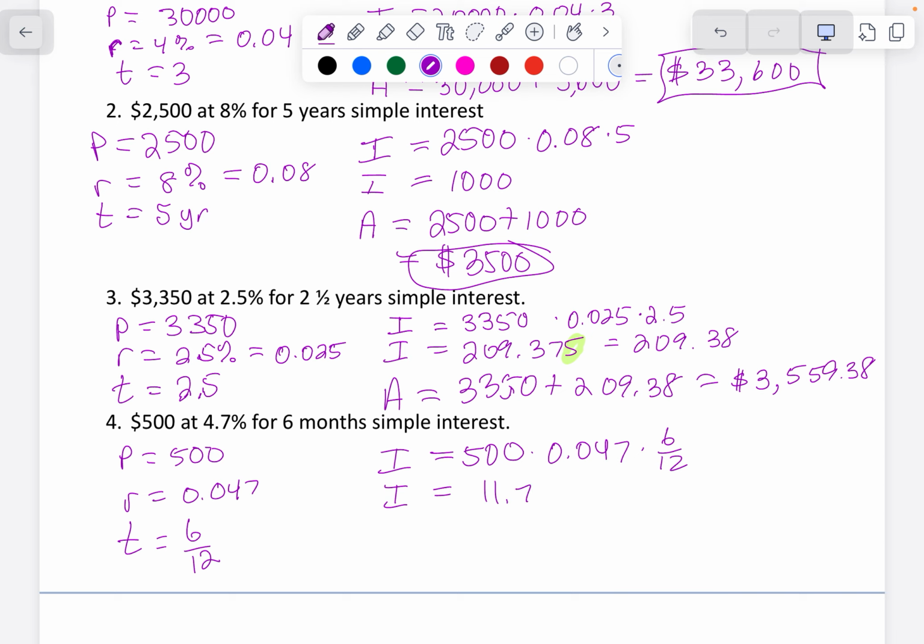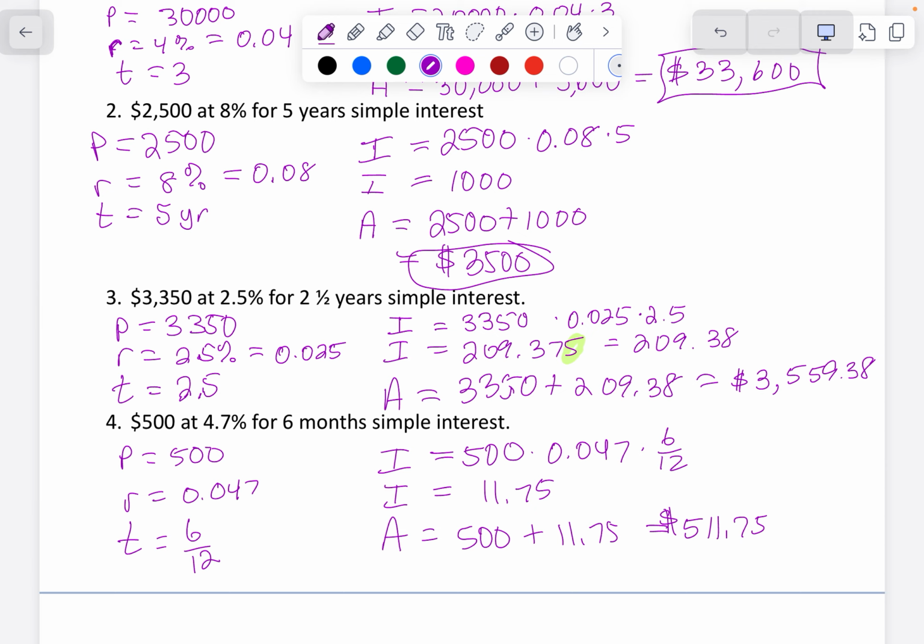You get $11.75. So your final answer isn't $11.75. You got to take the 500 plus $11.75 for a total of $511.75. Okay, so everybody good with the simple interest formulas?